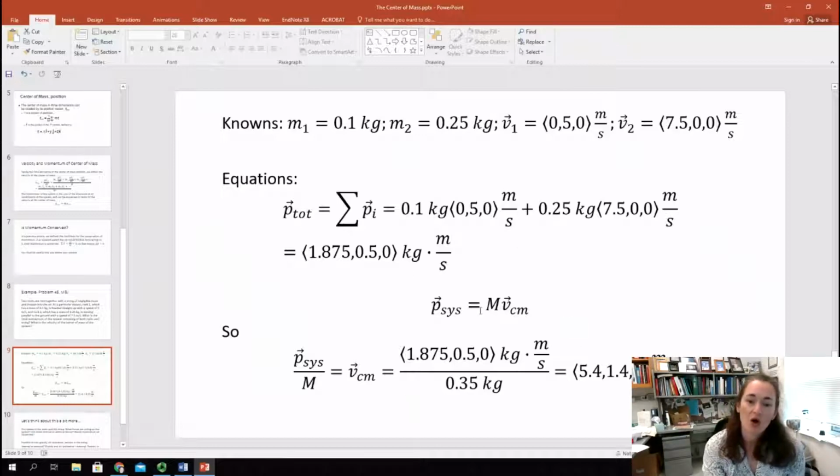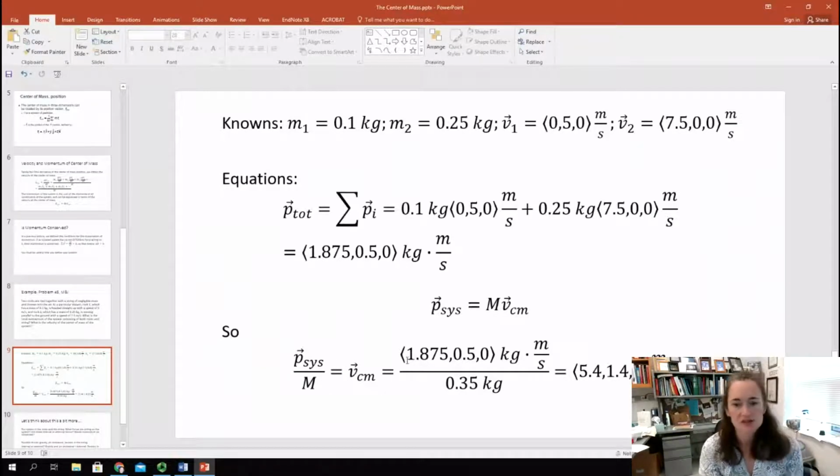Now, the next thing it asks is, what's the velocity of the center of mass? Well, we already defined that the momentum of the system is equal to the total mass times the velocity of the center of mass. Since I have the total momentum, I can just divide that by the total mass of the system and end up with the velocity of my center of mass. So P sys divided by m is equal to the velocity of the center of mass.